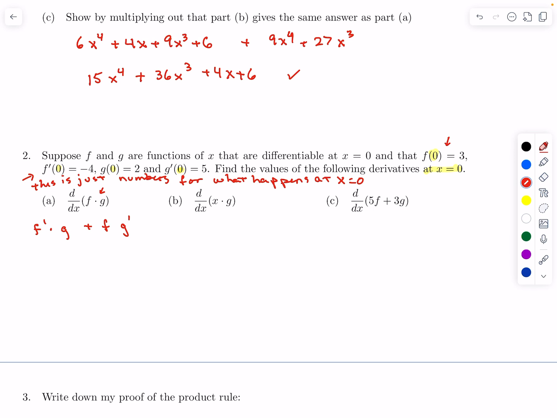F prime of 0 is -4. G, it says, is 2 at 0. F of 0 is 3. And G prime of 0 is 5. So, okay, x is x. The derivative of x is 1.